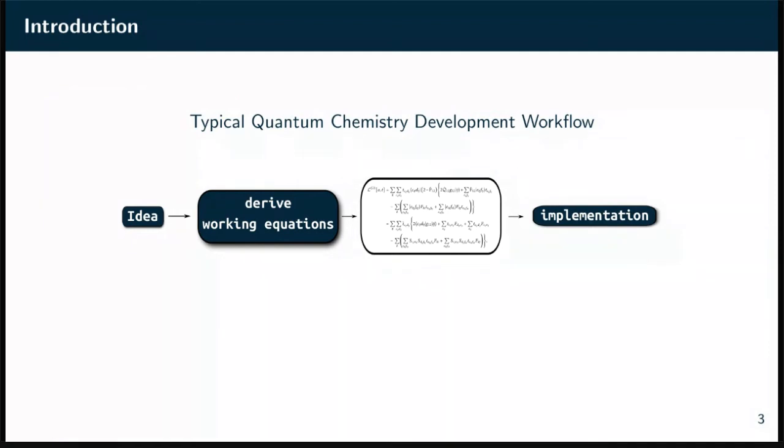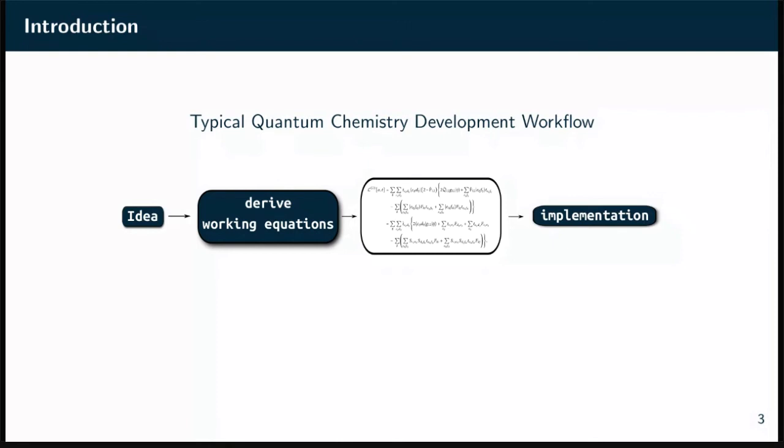And then usually what you have to do is derive so-called working equations, which means starting from the high-level multi-electron wave function, you have to decompose it down into sums of products of one-particle wave functions, and then you have to contract them more or less manually, or if you're lucky, there are some tools around which can do it for you.